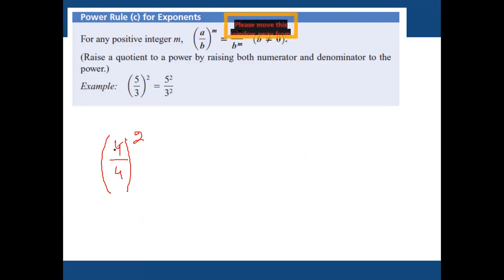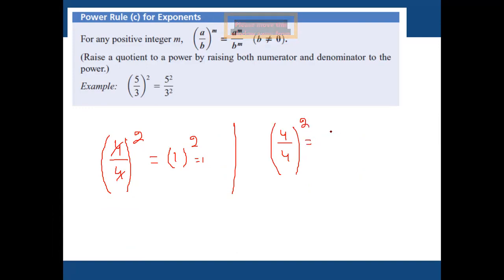Or if we have 4 power 2 over 4 power 2, we have another exponent rule. They write separately 4 power 2 and 4 power 2.